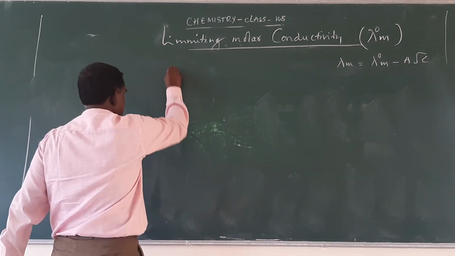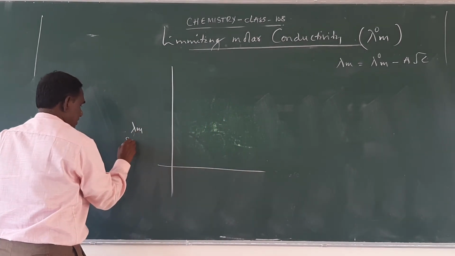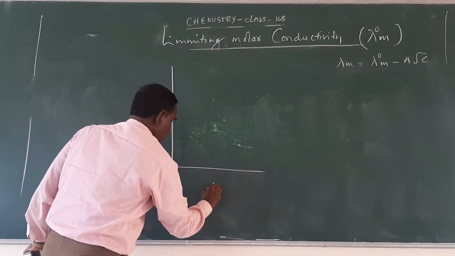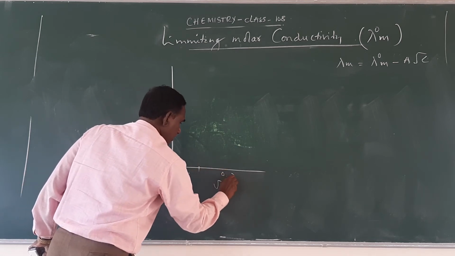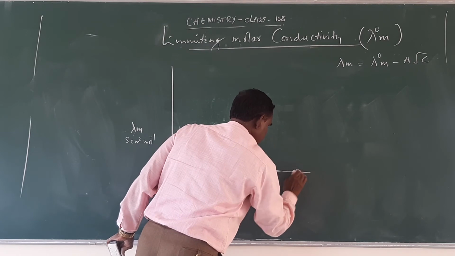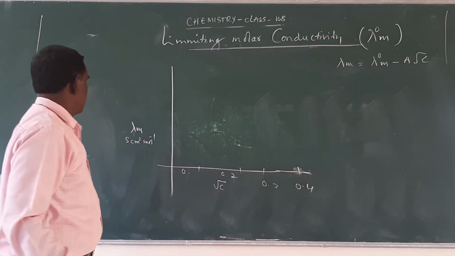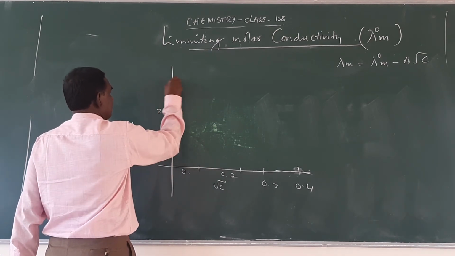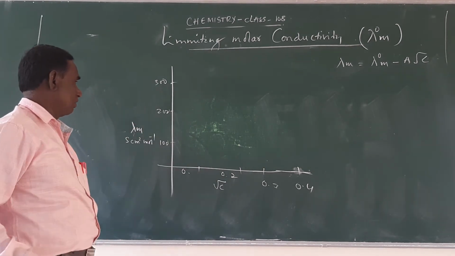The y-axis is lambda m in Siemens centimeter square per mole, with values 100, 200, 300, and the x-axis is root C, the concentration, with values 0.1, 0.2, 0.3, 0.4.